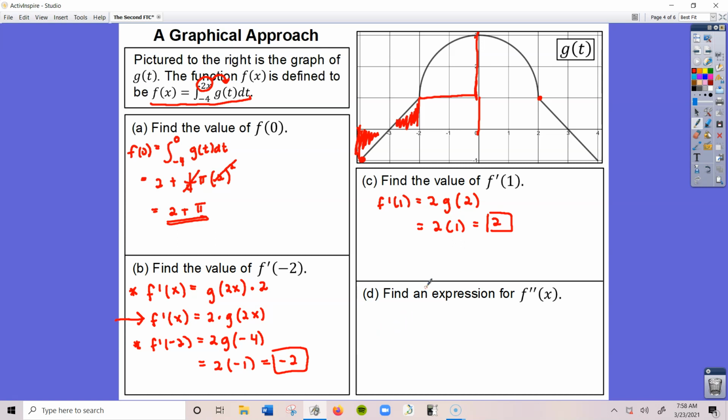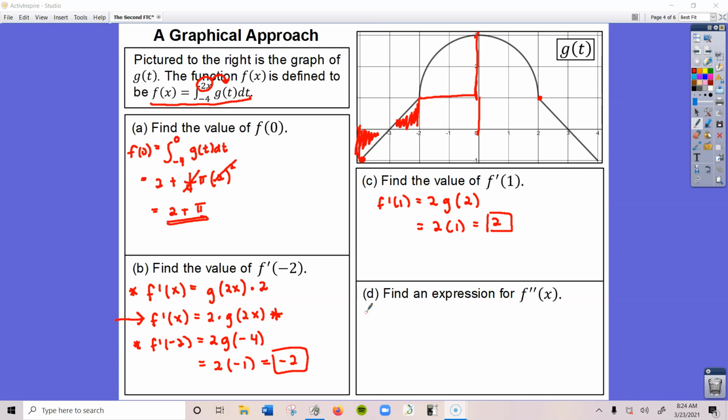Now this last part says to find an expression for f double prime of x. So we're not actually evaluating, we're just finding the expression. We already have a derivative here, so we're finding the second derivative based off of this one. This is actually the chain rule because we have that 2x inside of g.